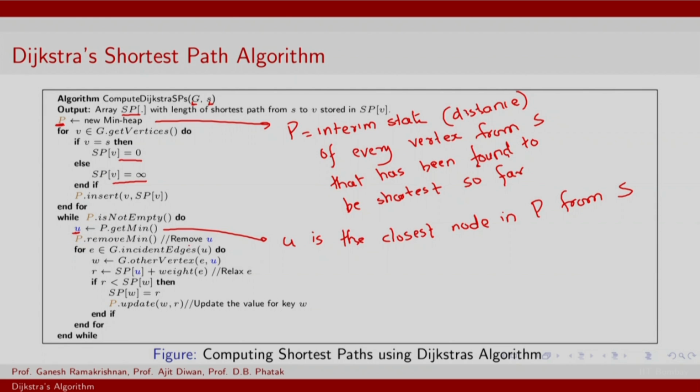So you get rid of that node, the source node, look at all the incident edges, and for every incident edge E you find the other vertex W.